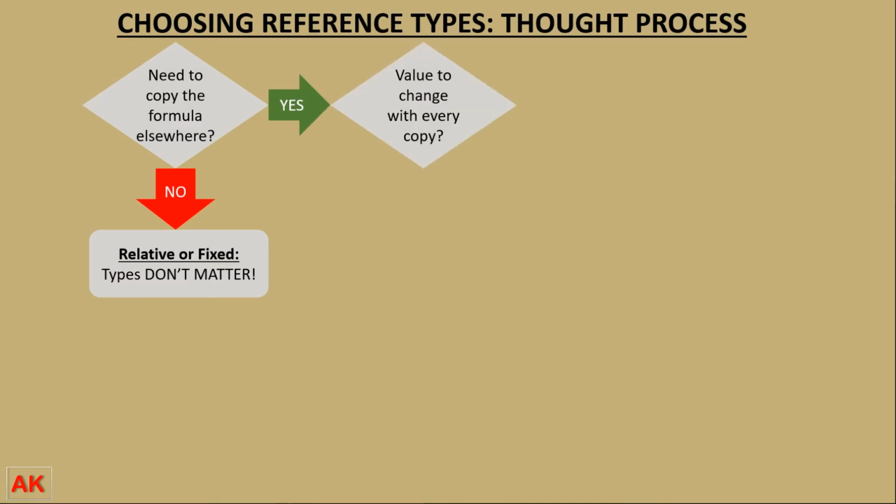Should the value the formula returns change relative to the formula location? If not, use a fixed reference. However, if the value returned by the formula should change, then what is the copy and paste direction?